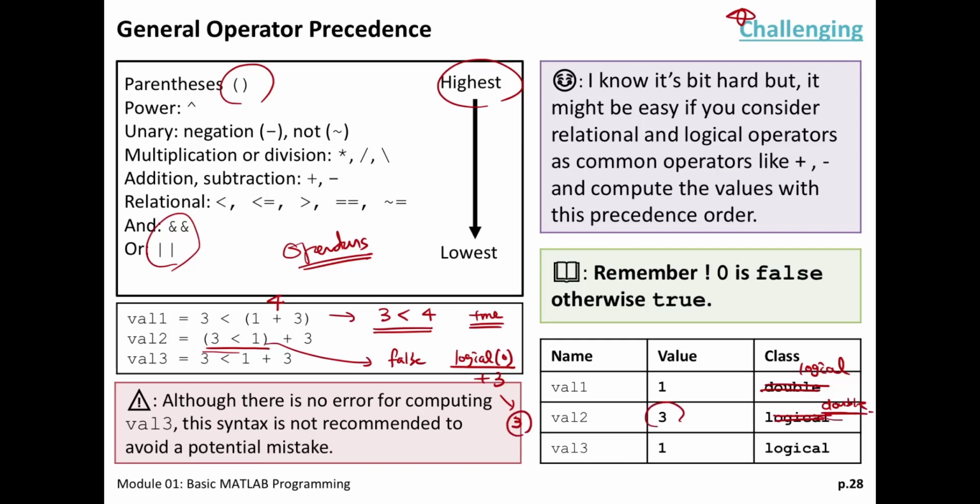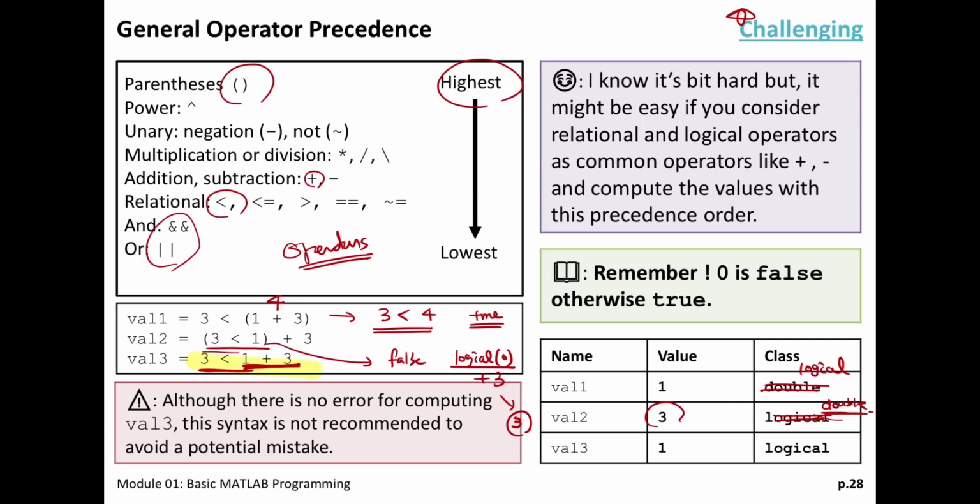Okay, what about this one? Plus has higher precedence than the relational operator. That's why this one, 1 plus 3, is conducted first.